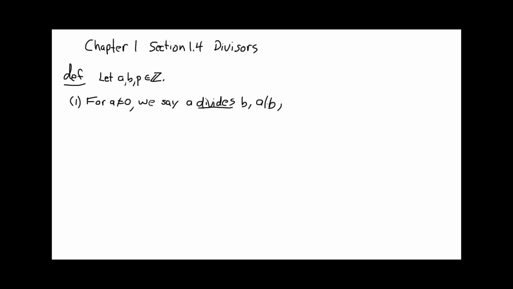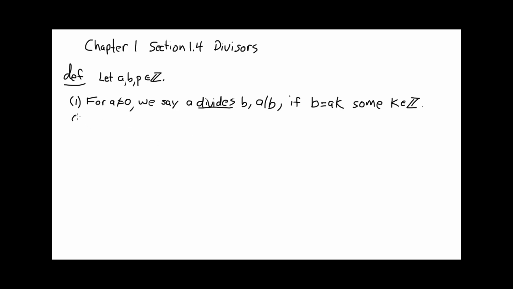The first time you see this, you should think of it with the word evenly. So a divides b evenly if b is equal to a multiple of a. That just means b is a times k.